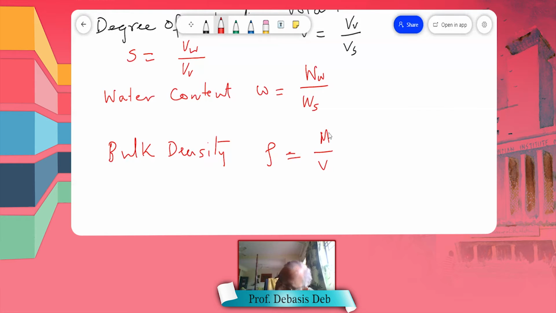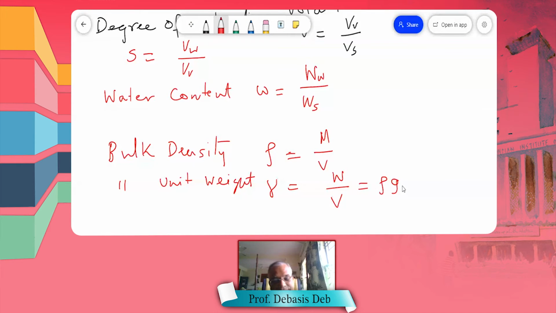Now, if I write bulk unit weight, and normally we define it by gamma, this will be W by V. So it's very easy to remember this as rho g. Normally we work with unit weight.